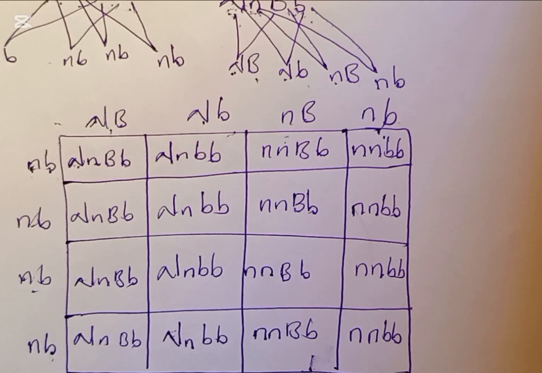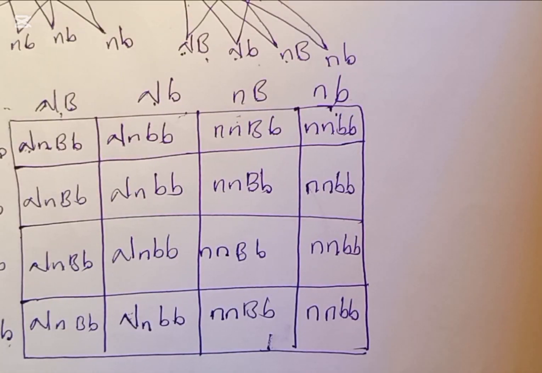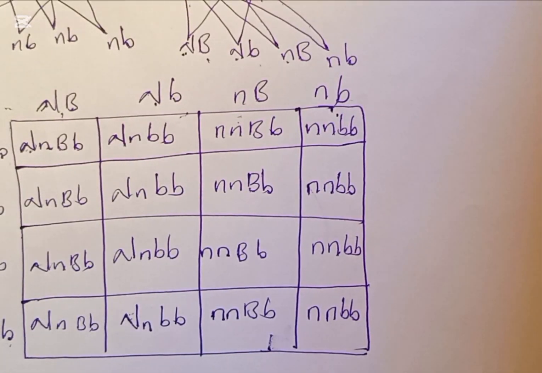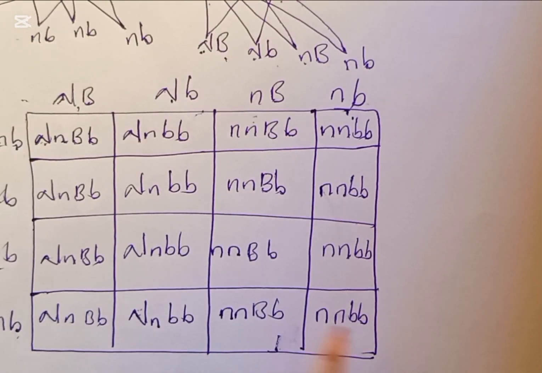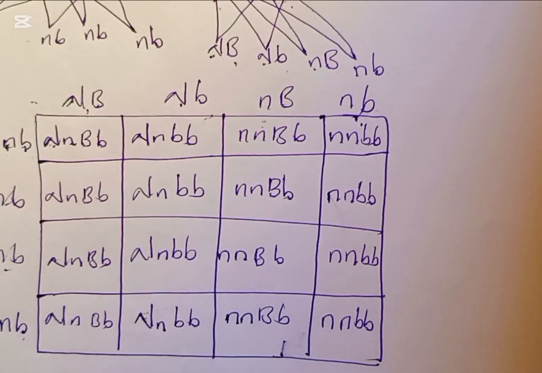Okay, so by the way, since we are maintaining the consistency, it's better this comes first and then this one comes on the other side. So you're going to have n, and then capital B, small b like this. Okay, so let's check in the table. Do you have this? Here, it's not here. If you can see in the first row, it's not there. Here also, it's not there.